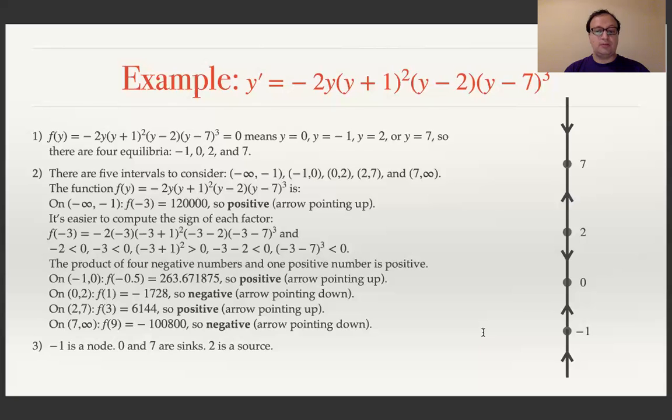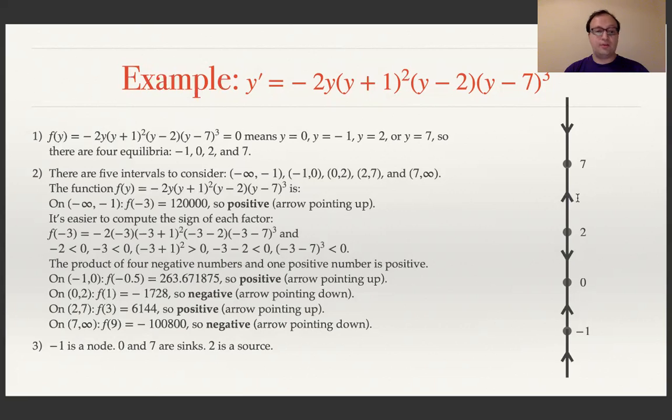So on the first interval, we had an upward pointing arrow. On the second interval, we again had an upward pointing arrow. On the third interval, we had a downward arrow.